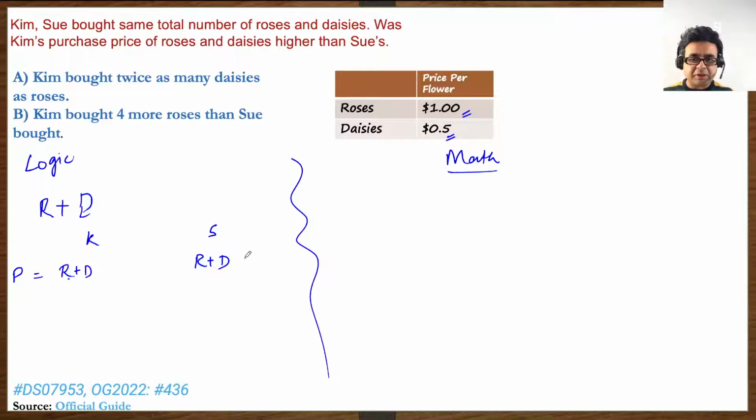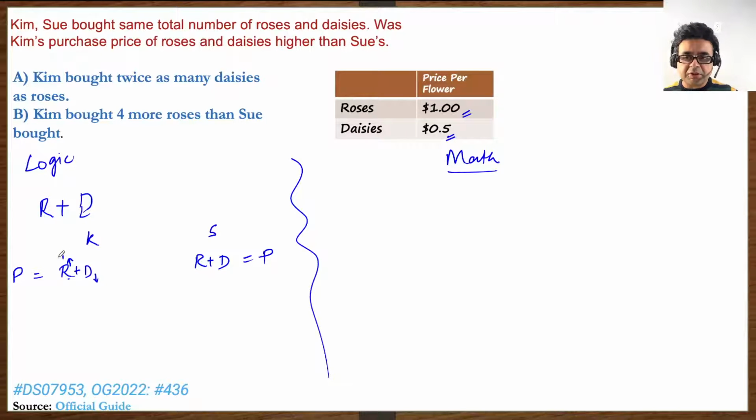Now let's keep this the same for Sue and start thinking about Kim. Let's assume that Kim increases the number of roses. If she gets one additional rose, she would have to get one less daisy, because the total number of roses and daisies is the same for Kim and Sue.